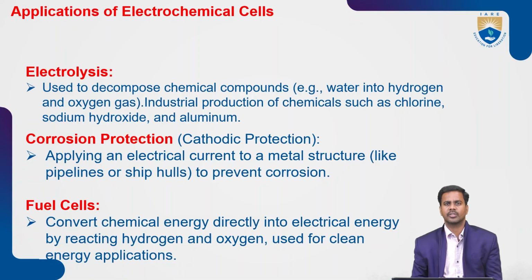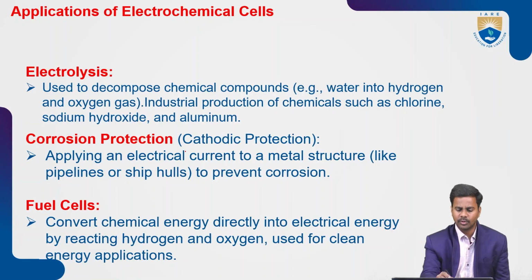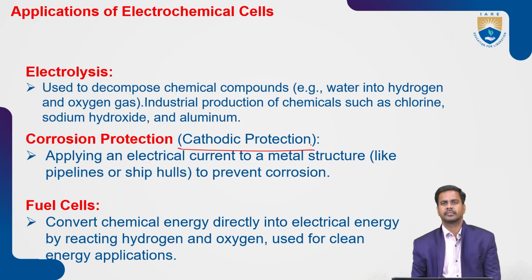By using electrochemical cells, we can protect different types of metals from the corrosion process, especially by cathodic protection. Here, what is cathodic protection? We can protect different types of metals from corrosion by cathodic protection.